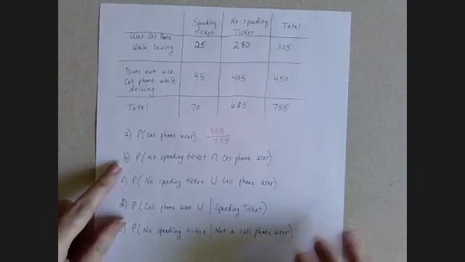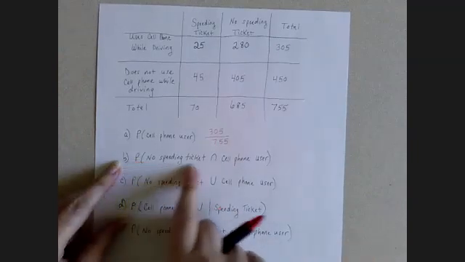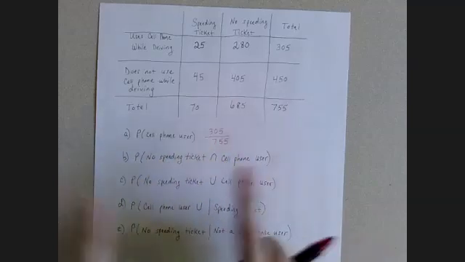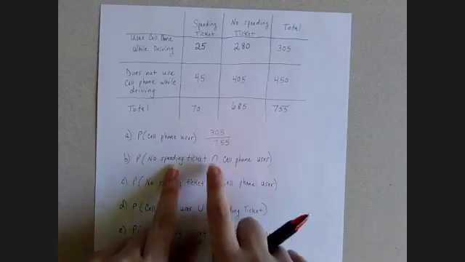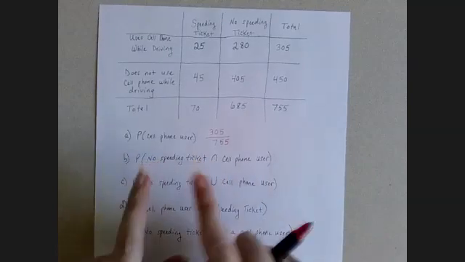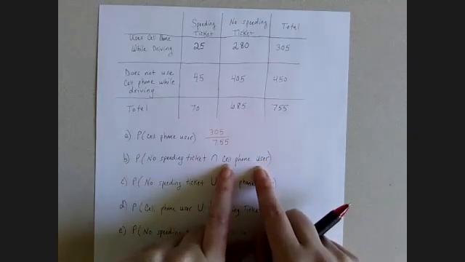Okay, next one. Probability that a randomly selected person has no speeding ticket and is a cell phone user, both things being true. Okay, so our intersection right here is saying that they have to have no speeding ticket and they also have to be cell phone users.